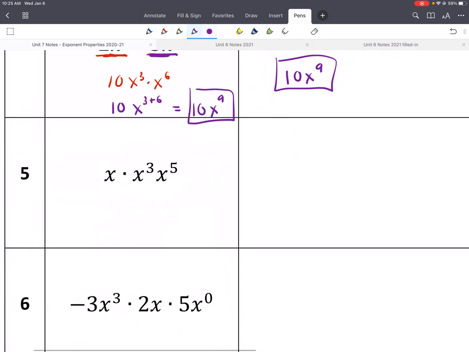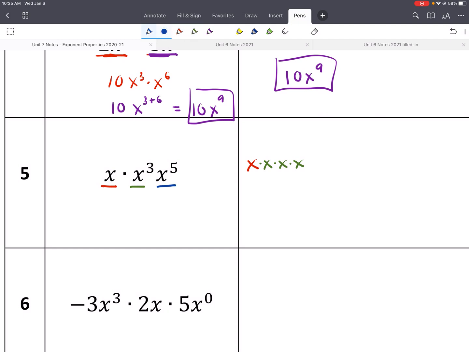All right, number 5. Here we have 3 expressions, and again, having a dot is multiplication. If you have 2 expressions right next to each other, that's the same as multiplication. Okay, so if we want to expand that, well, we have 1 x in this expression. Here we have 3 x's.